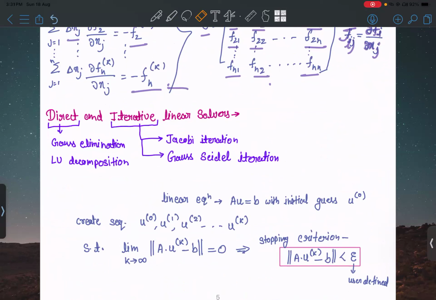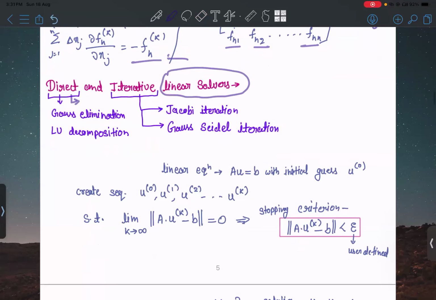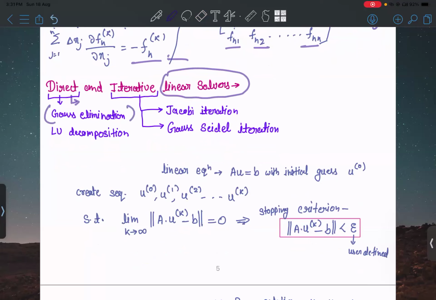There we discussed the Gauss elimination method, then LU decomposition.